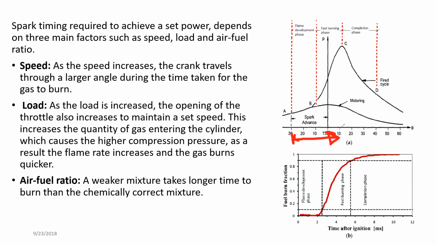So at that time the ignition has to start a bit earlier. Here it says the ignition is started 30 degrees earlier, so let's assume this is 1000 rpm. If the engine is operating at 1500 rpm, probably the ignition may have to be given around 32, 33 degrees early. So that time has to be changed.